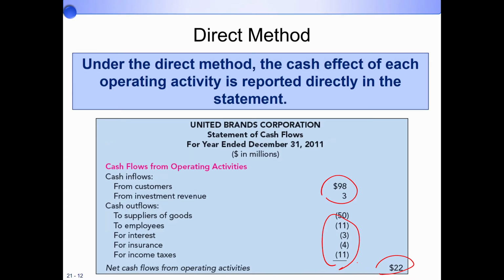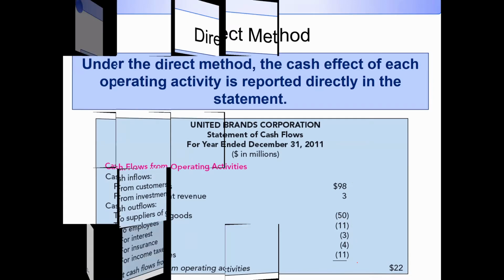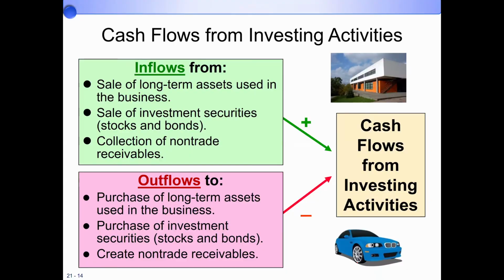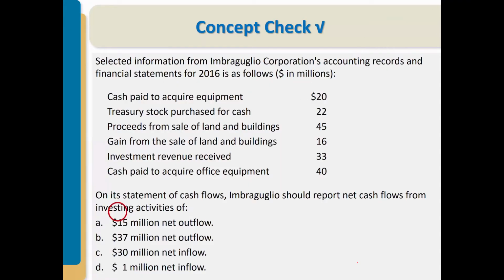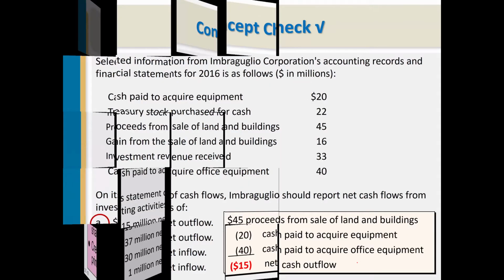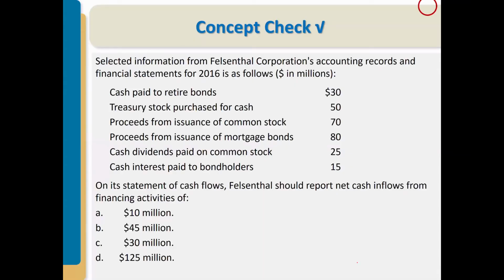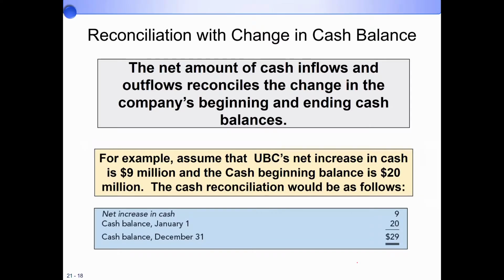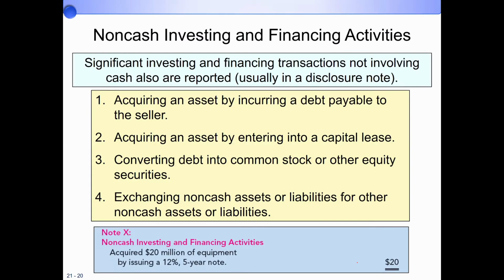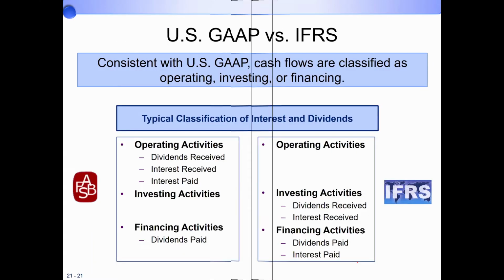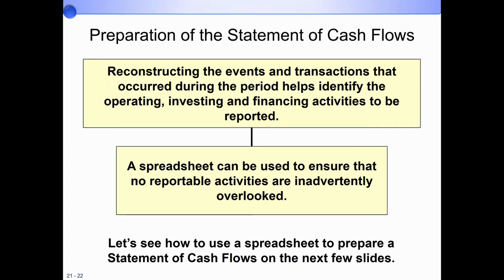So today we're going to work on a new approach. We know what investing activities and financing activities are, so those things we already talked about. Now we're going to work on this new approach, which you can call the spreadsheet approach.